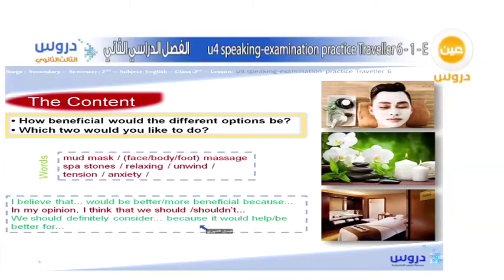And also you can give a reason because it will help or be better for, and you need to mention the logical consequences if you visit such a resort. All right, so here we go with the words. You can use them to express your idea very well, and the sentences as well you can use to start or even to end your speaking by using in my opinion if you wish.